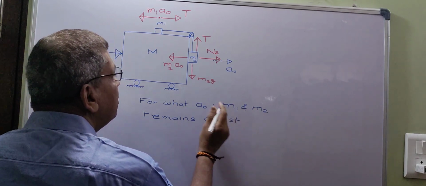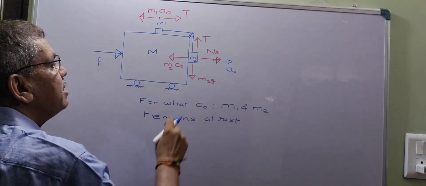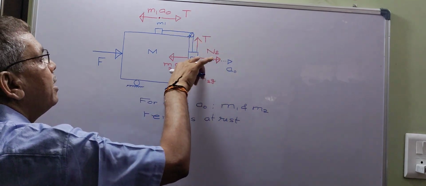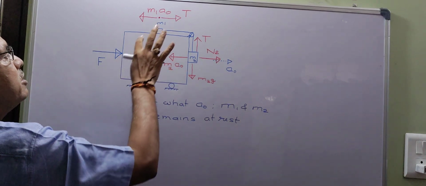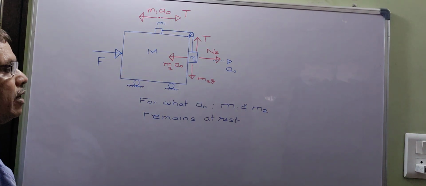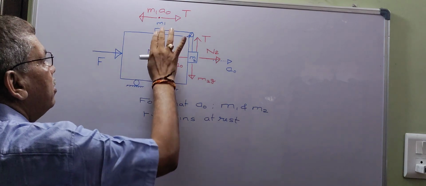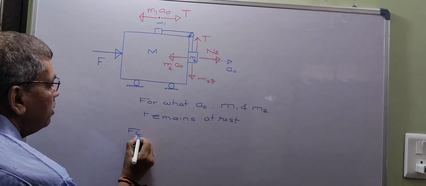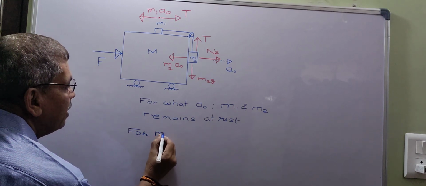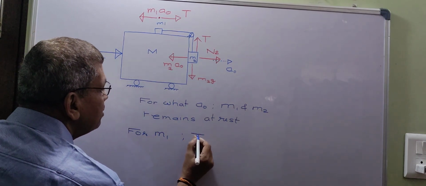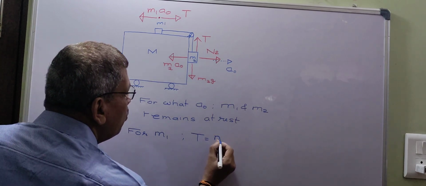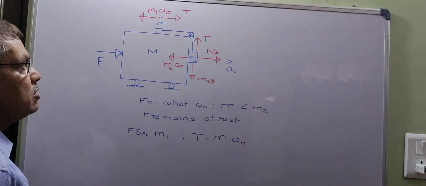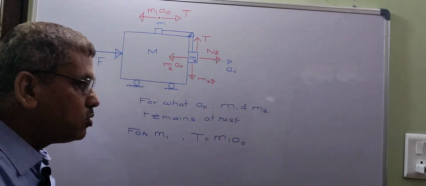Now since M2 is at rest, I can say for M2 the downward force equals T, and N2 equals M2A0. Similarly, if I take the free body diagram of M1, I can say the tension T is equal to M1A0, because this block is at rest, so rightward force should be equal to leftward force.